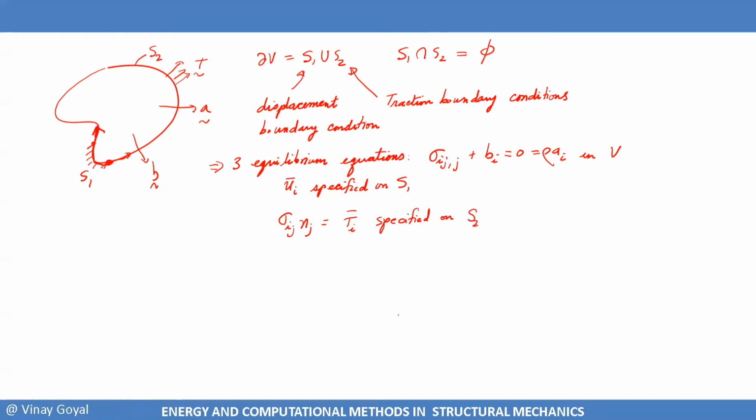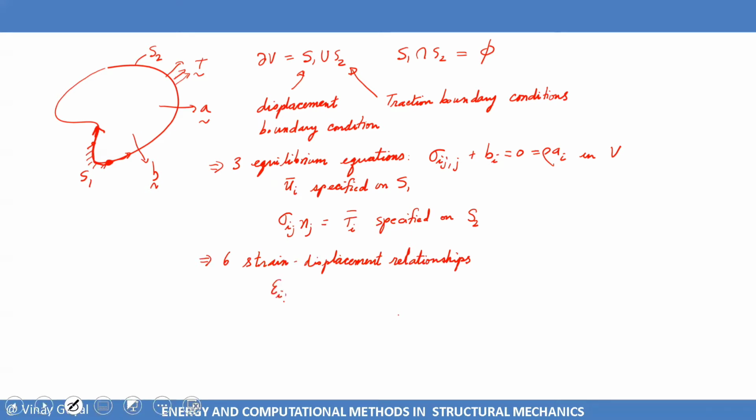For the compatibility equations, we also have the strain-displacement relationships, and there are 6 of them. That relationship is going to be either the Green-Lagrange strain tensor, or we can look at the infinitesimal kind.